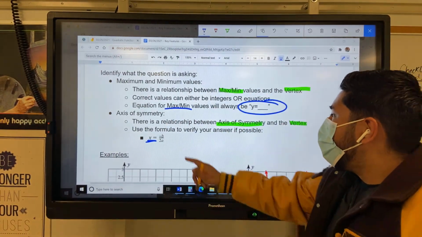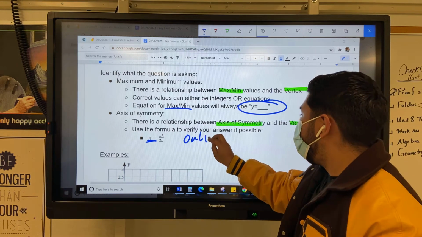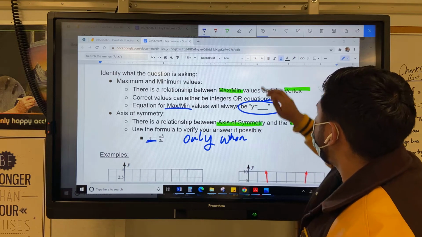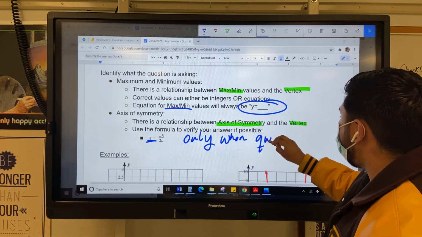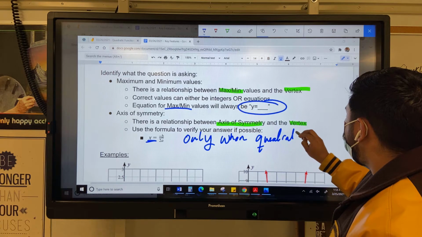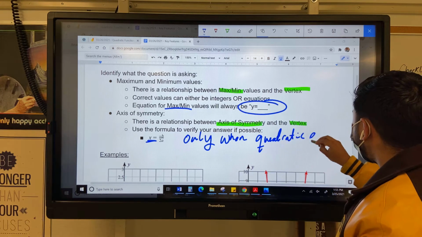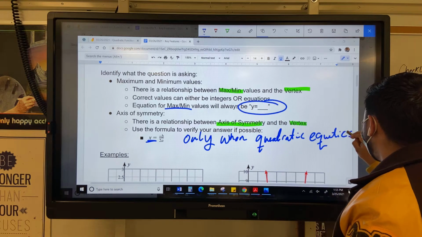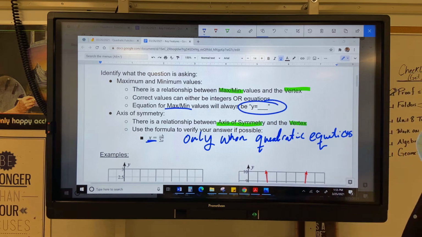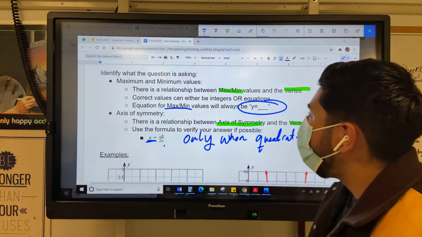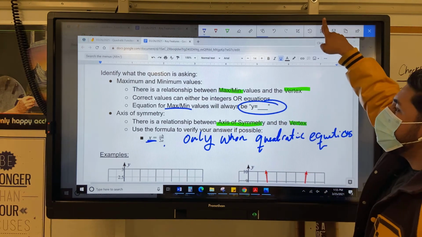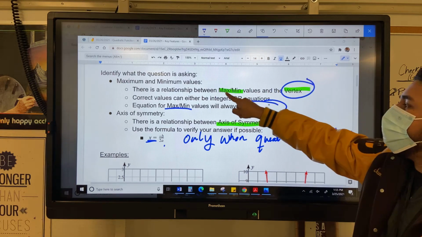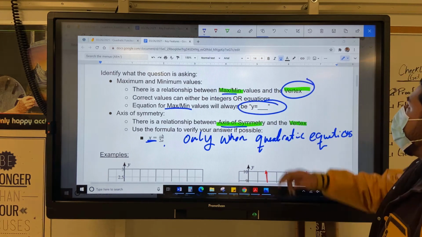This formula is only for when given quadratic equations, because we get to identify the a, b, c, and that's where the b and the a come from. All right, let's keep looking. So first, before I move on, identify the vertex, and then we'll do all this beautiful stuff.